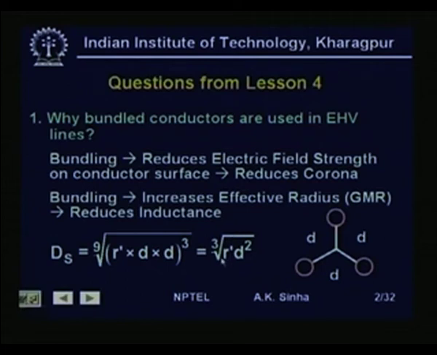This is much larger than r dash, which is used when a single conductor is used, and therefore bundling helps in reducing the inductance as it increases the effective radius.